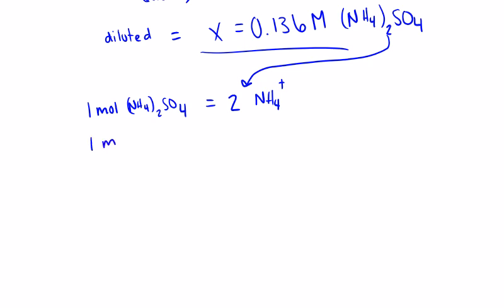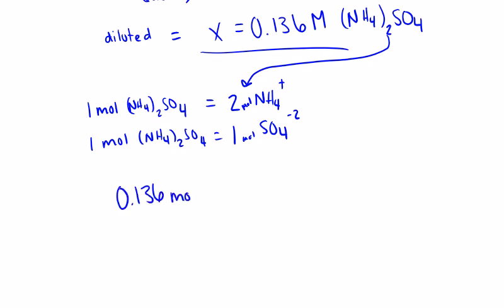In order to make 1 mole of (NH4)2SO4, I need 1 sulfate ion. Okay, and these are both moles. So, taking my definition, because I know molarity, I know that that means I have 0.136 moles of ammonium sulfate per 1 liter of solution.